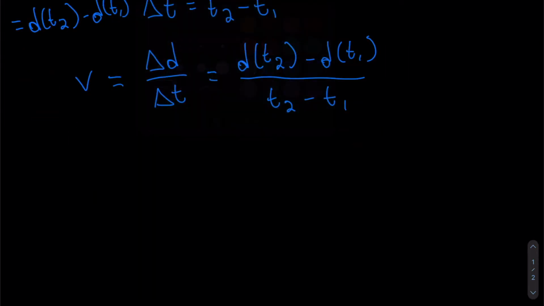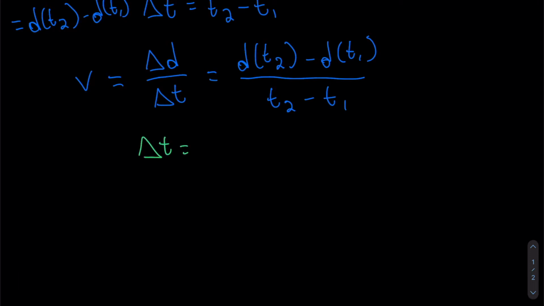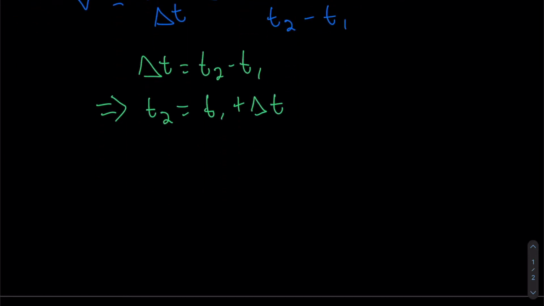Now I'm going to go ahead and write this a little bit differently. So we know that delta t is t2 minus t1, which means that t2 equals t1 plus delta t. So what I'm going to do is I'm going to let t1 equal just t by itself, and t2 will equal t plus delta t.